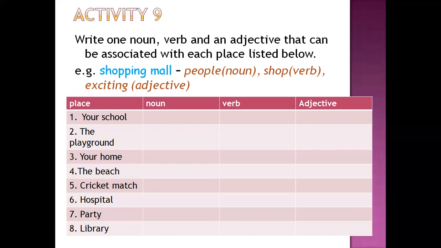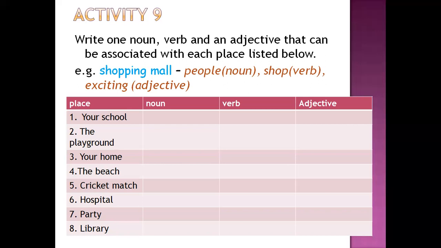You can write teach, learn, fight sometimes. And adjectives, if you have a big playground, then you can use the adjective big. And kind teachers, kind. Likewise, you can select any adjective.